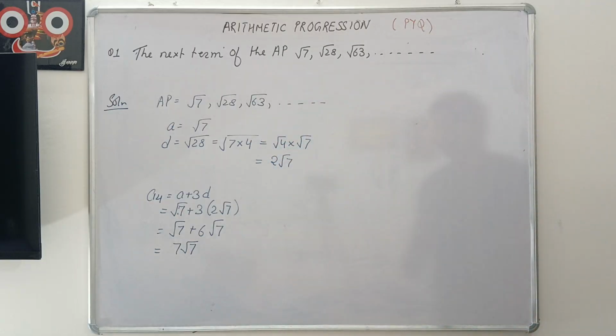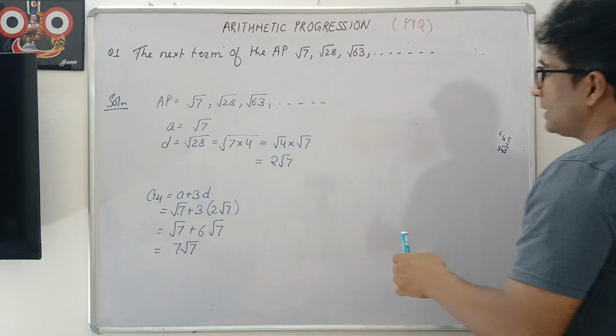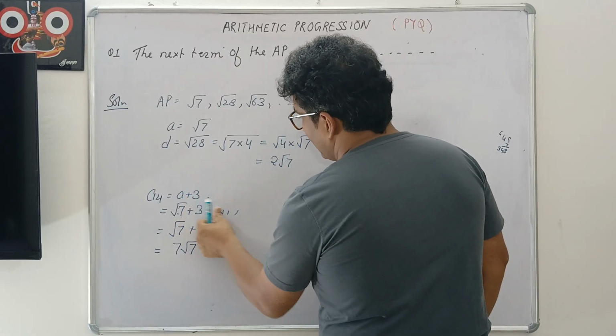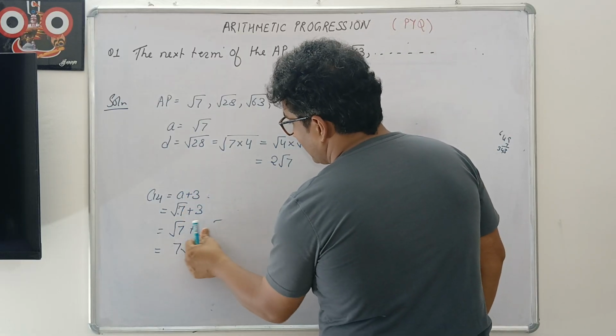Correct. So your answer is 7 root 7. Okay, there is a mistake here. D is the difference between these two terms. So I have taken D wrongly, correct? So we can omit this.